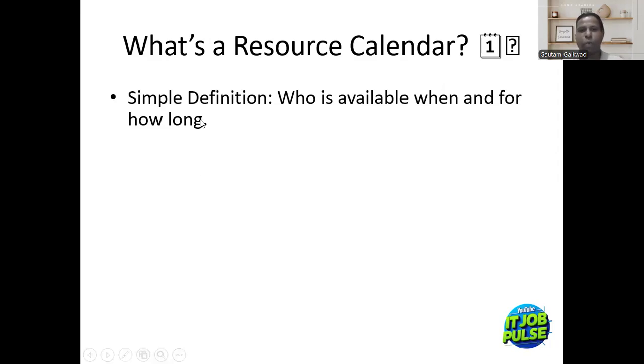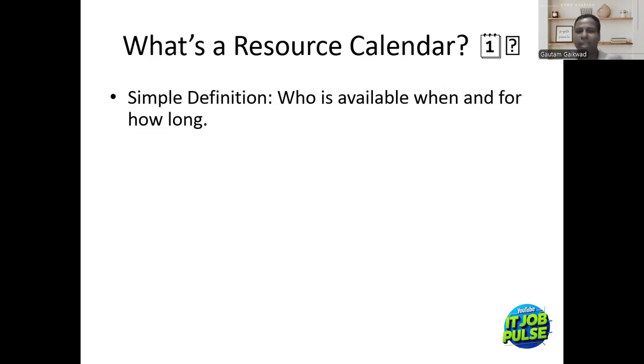Okay, so the resource calendar, it's a simple definition: who is available when and for how long. Okay, so again, going back to constructing a house, now the builder is going to take care of everything, the builder or the contractor. Okay, so contractor also can hire one supervisor, so that becomes a project manager again.